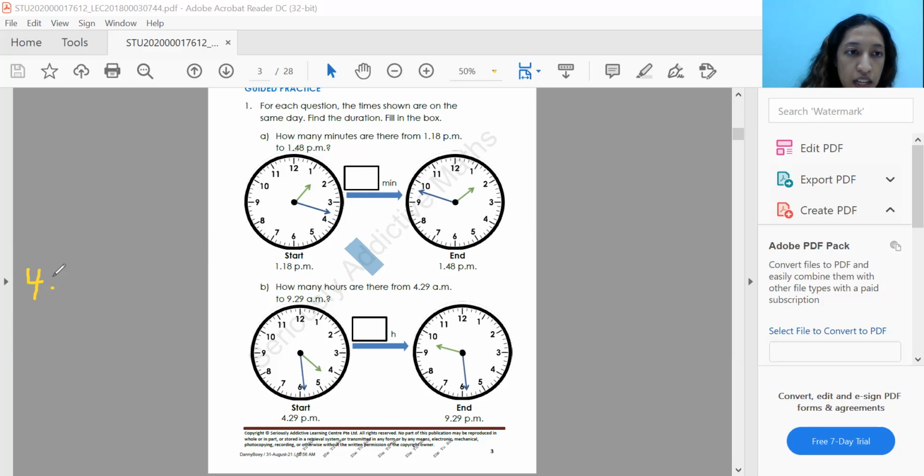From 4:29 p.m. all the way to 9:29. So here you can either use your fingers or we could do the splitting method. So if you want to use our fingers, it's 4, 5, 6, 7, 8, 9. So you can see there are 5 hours here. From 4:29 to 9:29, it's only 5 hours.